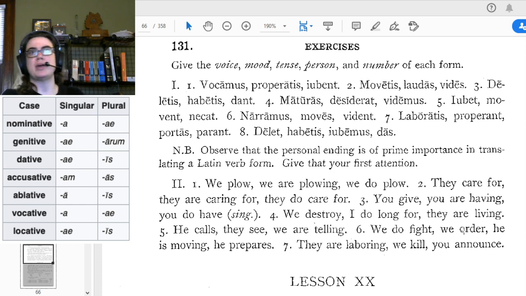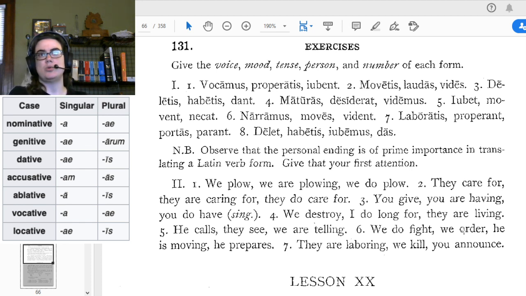Number 2, movetis, laudas, vides. Tis is second plural, s is second singular for both laudas and vides. Deletis, habetis, dant. So tis, we've seen a few times, that's second plural. The nt, that's third plural.